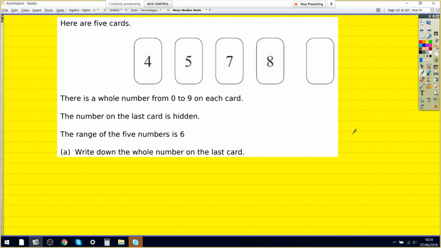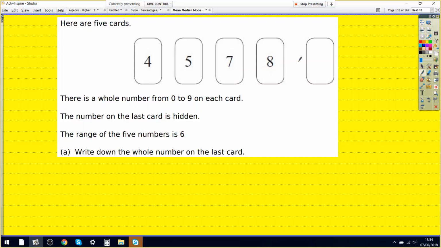How would you do this? The range of these numbers is 6. You need to put a number there, so the range is 6 for the 5 numbers. Would it be 6?